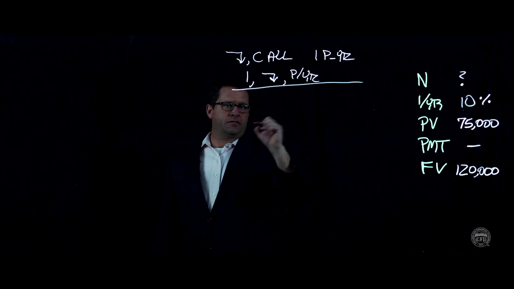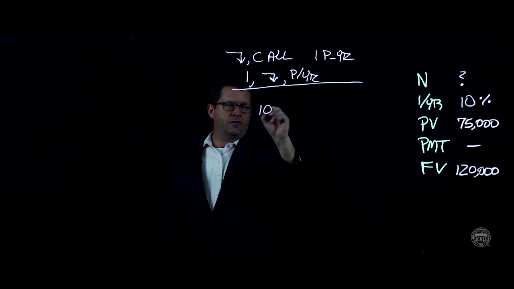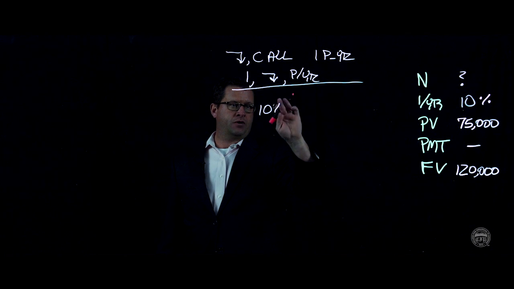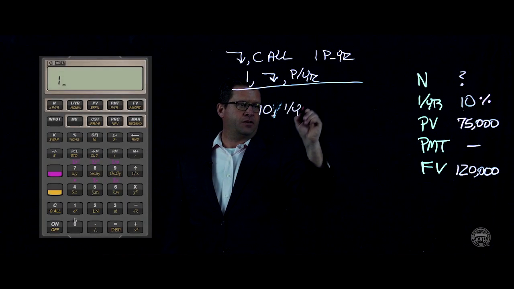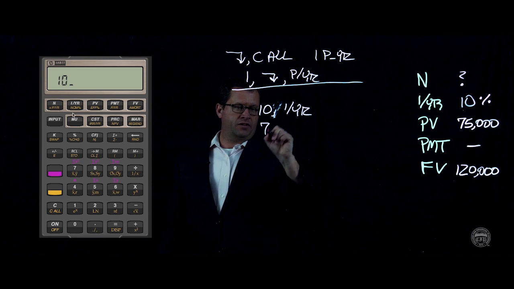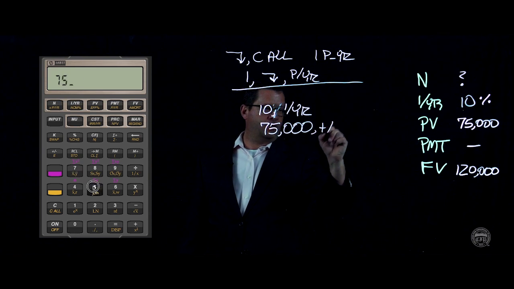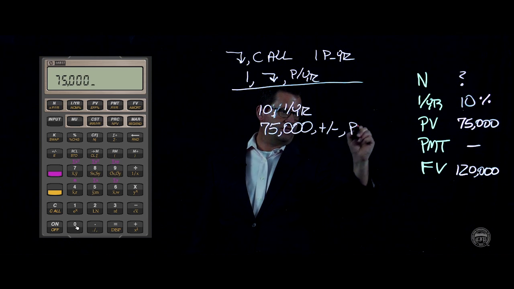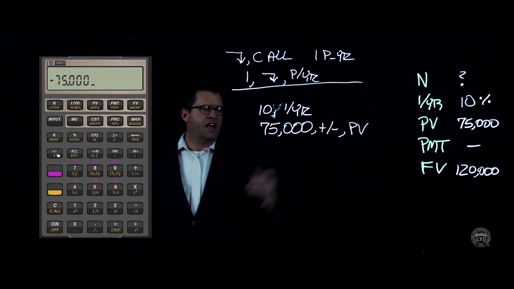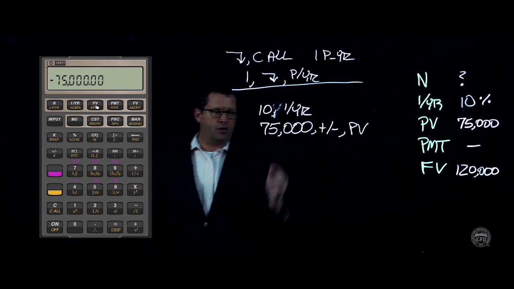Once that's done, we can enter our information. We don't need the percentage sign, just the number 10 for the interest per year. We know that it's $75,000 Linda spent today. Again, remember to make this a negative for present value because we're treating it as a cash outflow from her pocket to purchase the farm.